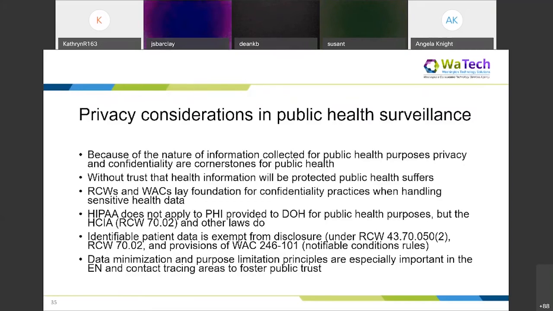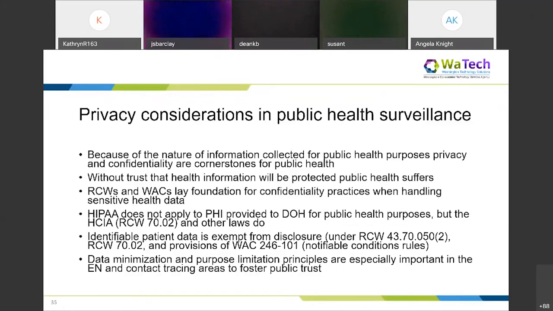Labs and clinics and healthcare providers and doctors are required by law to provide protected health information to the Department of Health for public health purposes. And so that disclosure is allowed under HIPAA. And while that is considered PHI, the obligations of HIPAA don't follow that data to DOH. However, they are required to keep the information confidential under other laws.